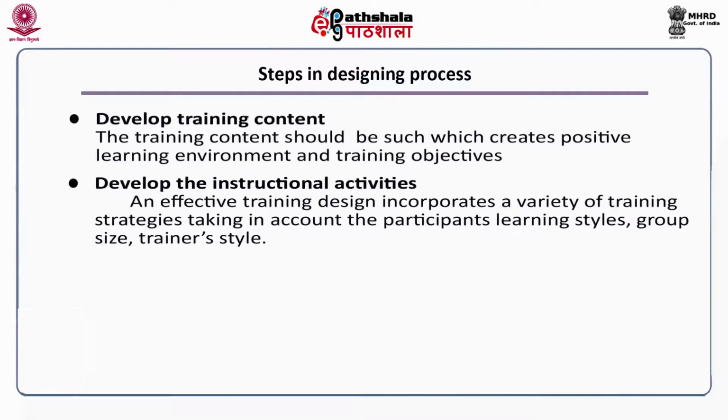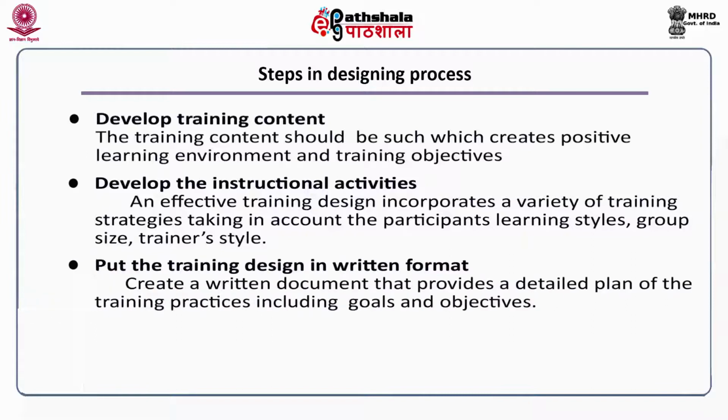Fifth, develop the instructional activities. An effective training design incorporates a variety of training strategies taking into account the participants' learning styles, group size, trainer style. Put the training design in the written format.